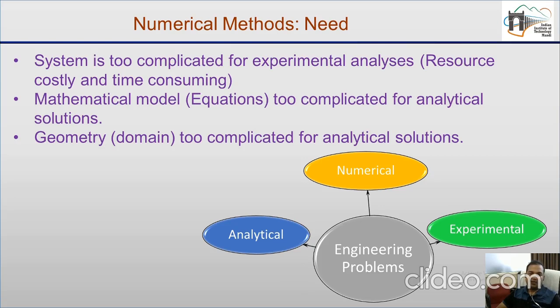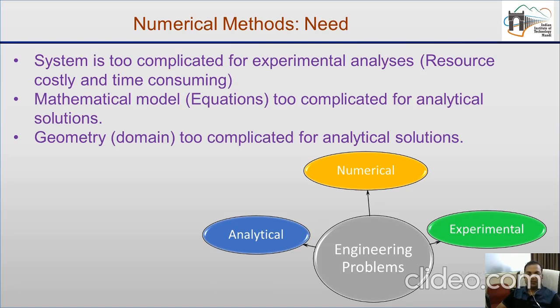Similarly, the analytical approach is basically a closed form solution. So we will get the exact solution by using the analytical method. But the technique or approach is quite complicated. If the problem is simple, then we can get the solution directly.